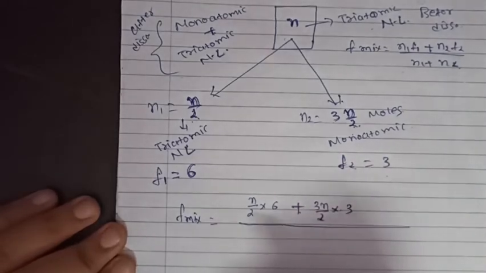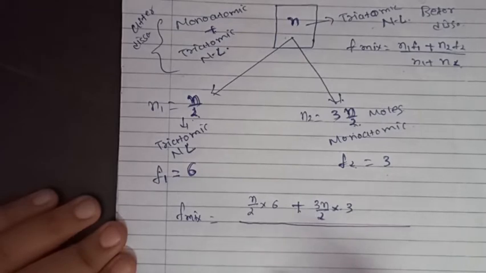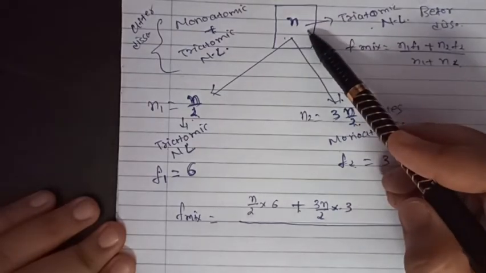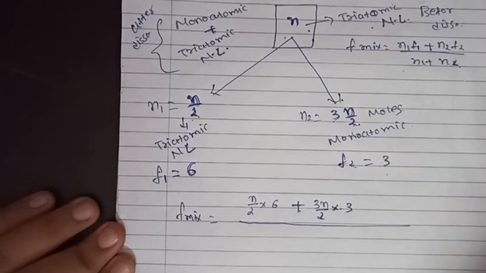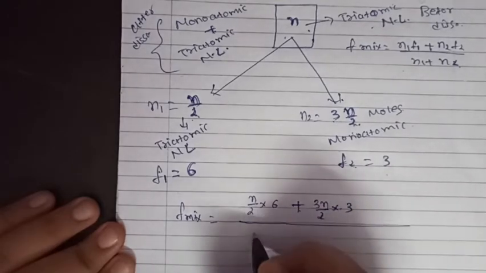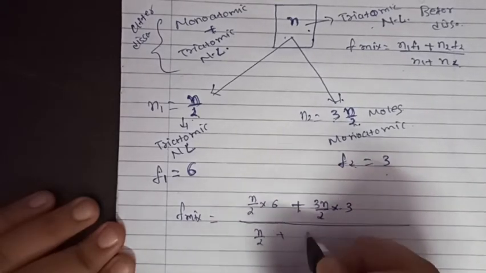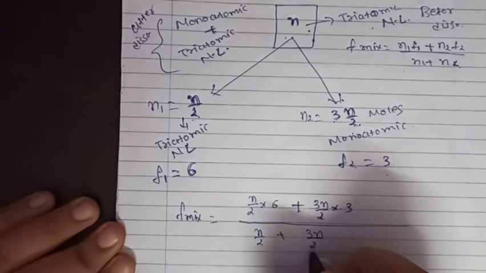Please don't get confused. Here total number of moles will not be N. They will be N by 2 plus 3N by 2, because now number of moles have changed. So N by 2 plus 3N by 2.